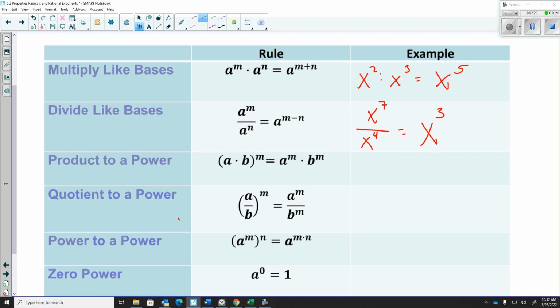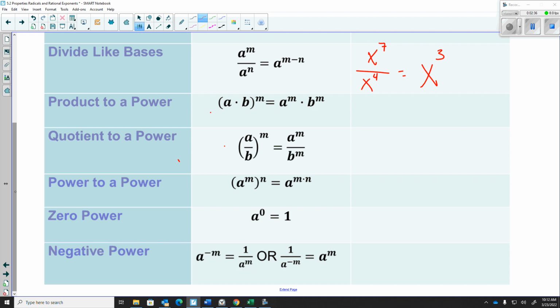These rules we'll really talk about today. The other major rule I want to remind you of is this one. If you have a power getting raised to another power, like x to the third power raised to the third, what do you do with those numbers? You multiply them. So this would turn into x to the 9th.